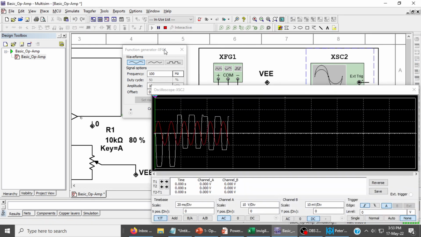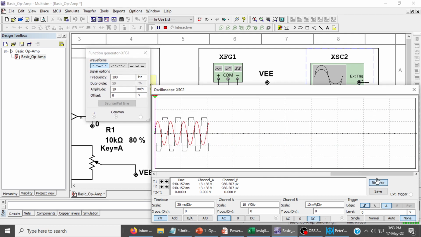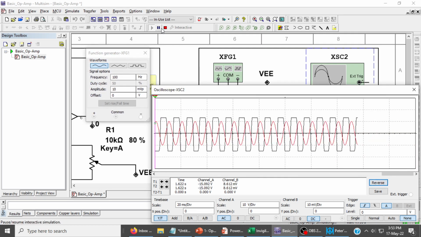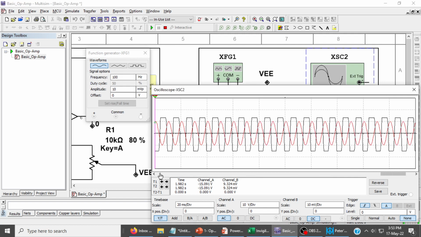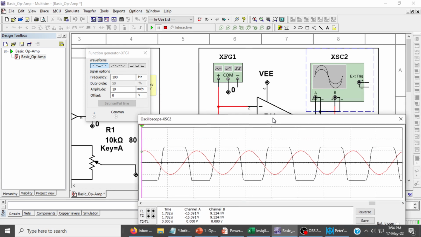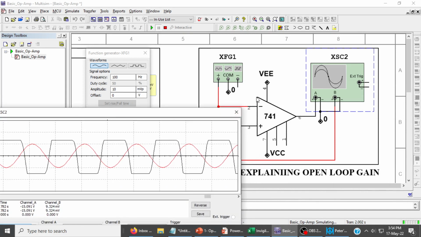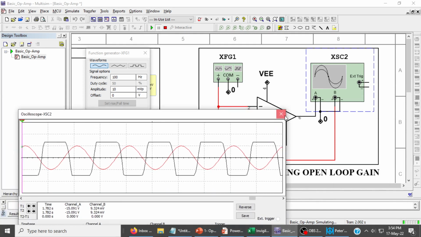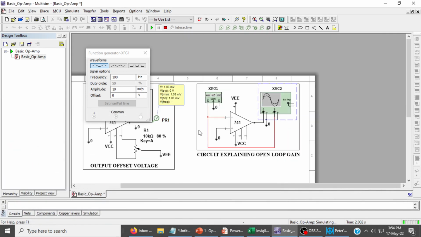Let me simulate this. Here you can see that even with a very small voltage, the output is getting saturated. The amplifier is getting saturated to plus 12 and minus 12. Why? Because the supply voltages VCC and VEE are plus 12 and minus 12.